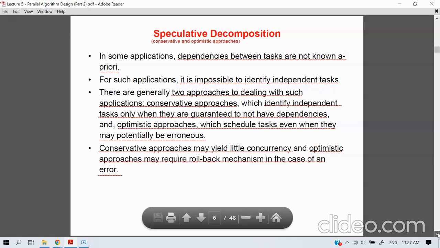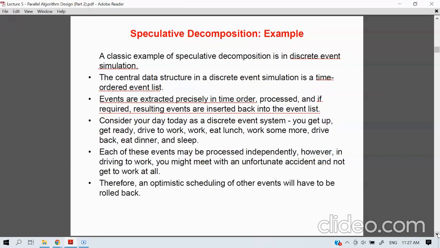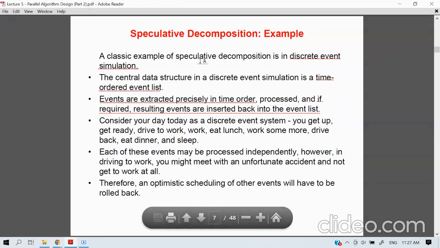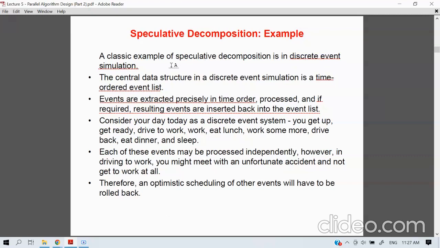Okay, alright. So let's look at the example. In this case, dia bagi discrete event simulation. Event apa panggil action event. Okay, so what are the activities that might happen in a problem. The central data structure in a discrete event simulation is a time ordered event list.